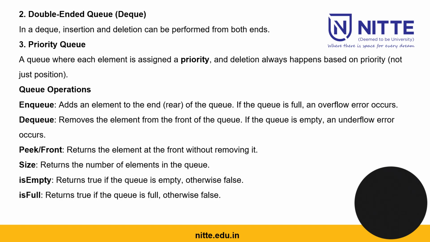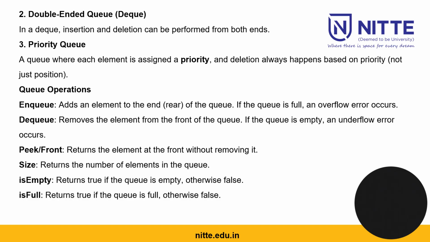Depending upon the priority of an element, the elements will be inserted and removed from the priority queue. So here deletion always happens based on priority, not based on the position of the element. Whatever element I want to delete, I should first see whether it has the highest priority. If it has the highest priority, we will delete it.